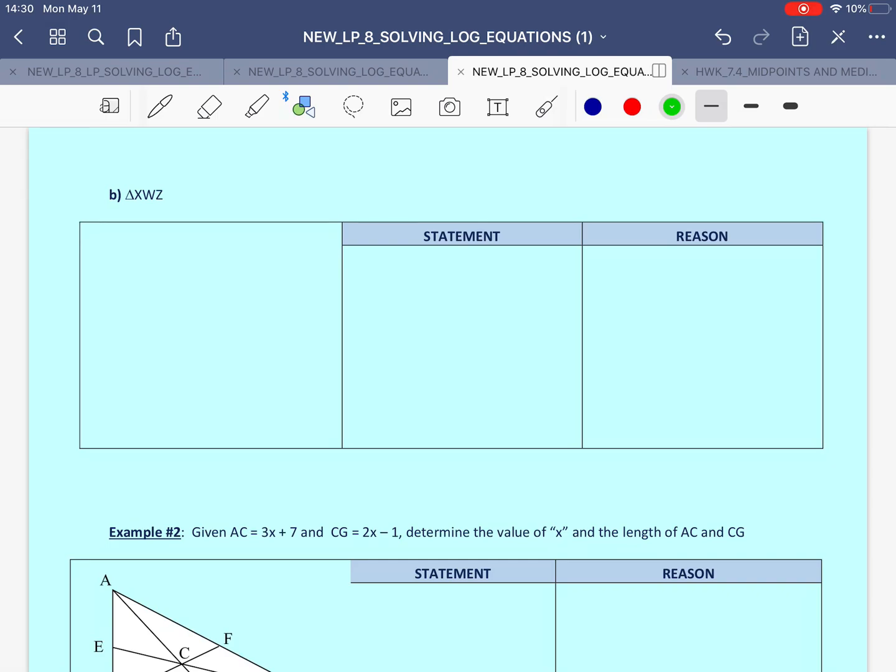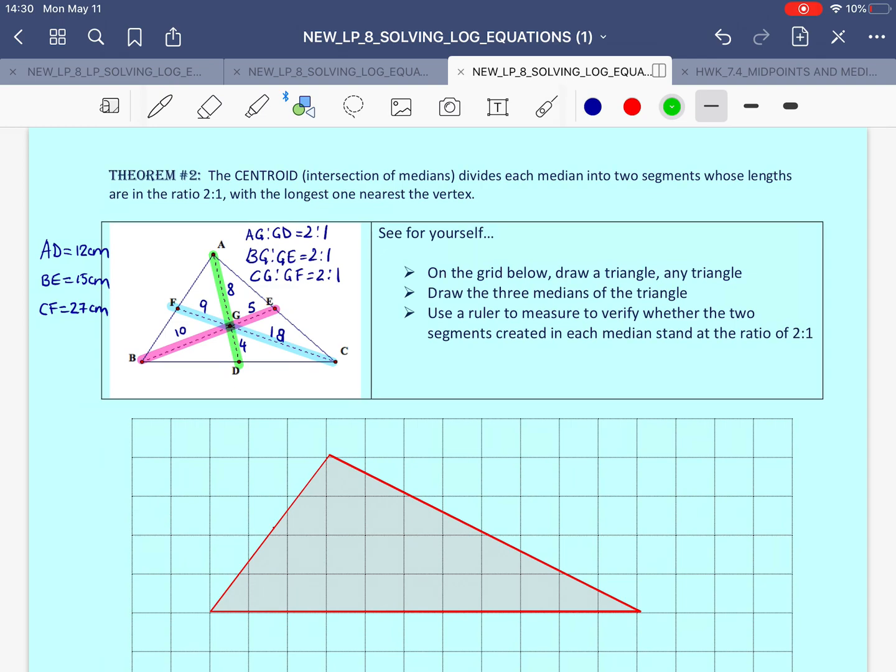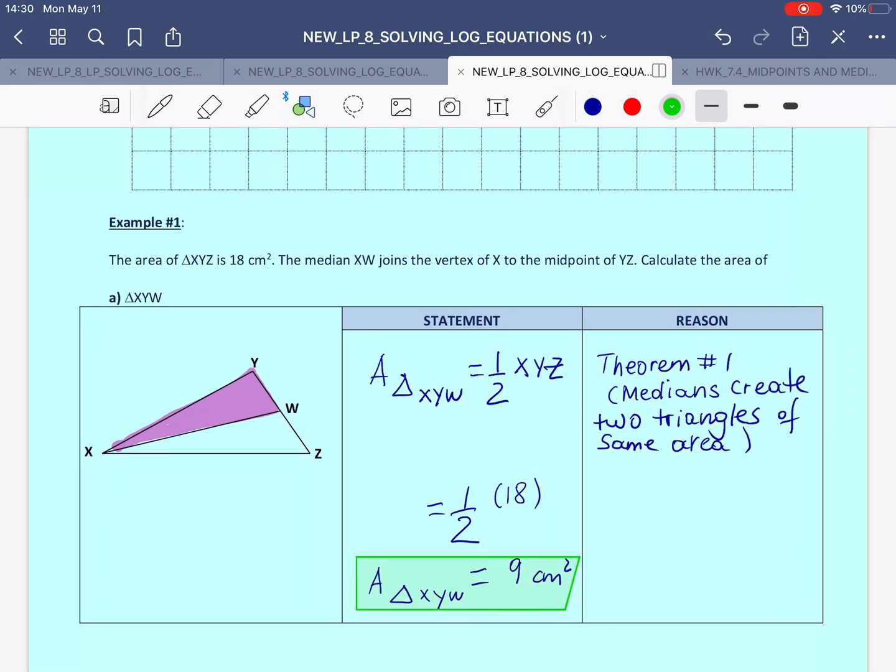Now, the next question asked is to find the area of the triangle XWZ. Now remember that XWZ is the area created in the triangle from the median XW, right, in the bigger triangle here.